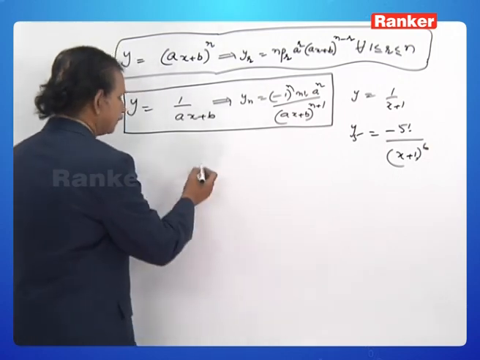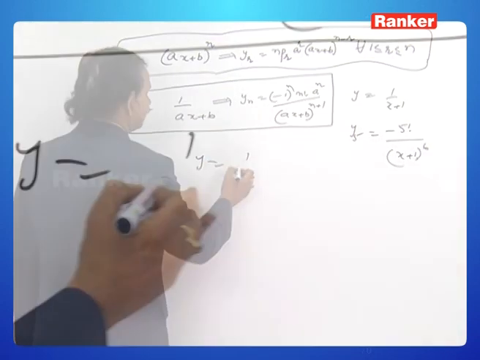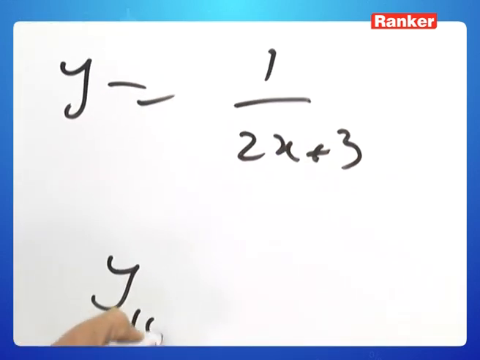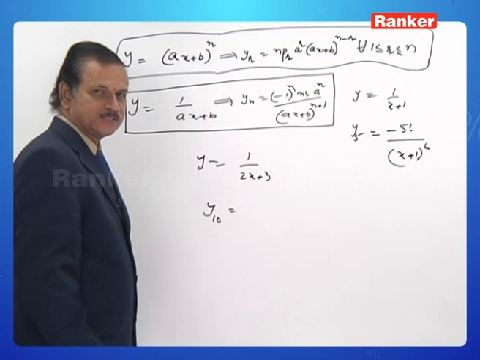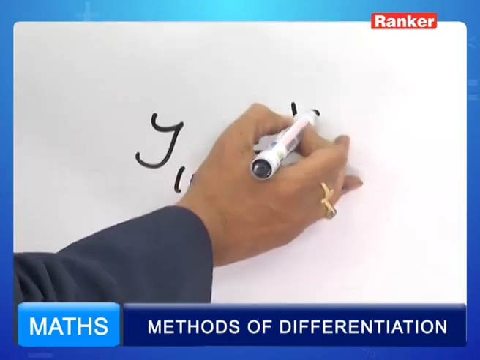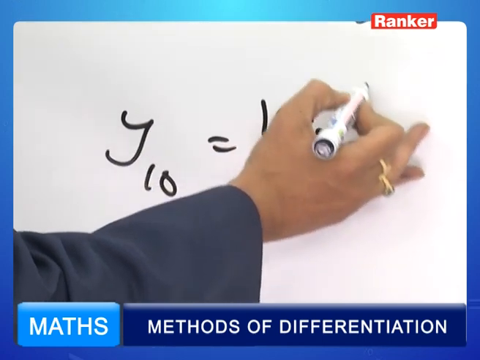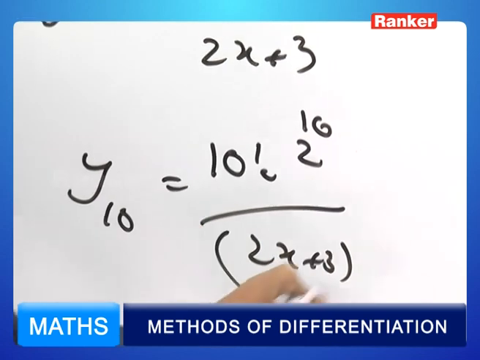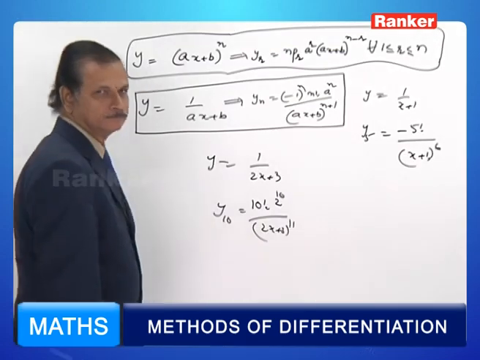Again, y is equal to 1 by 2x plus 3. I want to have the 10th derivative. What is that? 10 is an even number. Minus 1 whole power 10 is positive, into 10 factorial into a power n, that is 2 power 10 by 2x plus 3 whole power 11. Why?